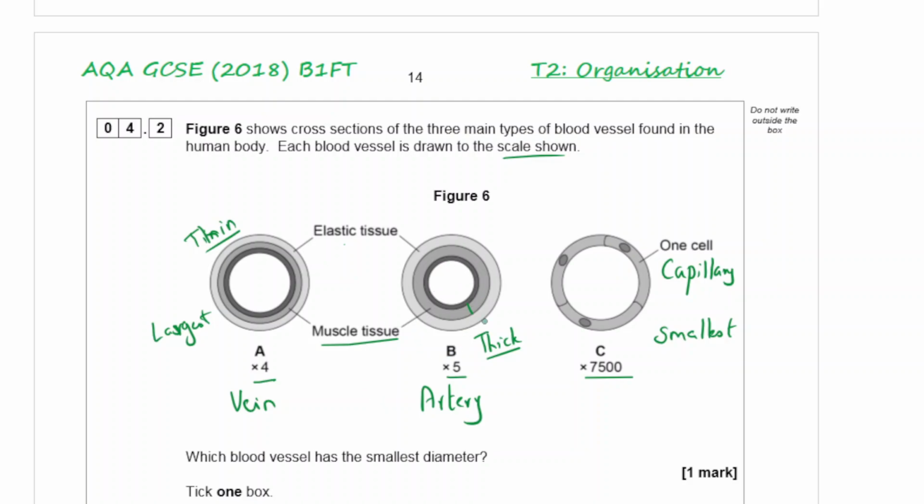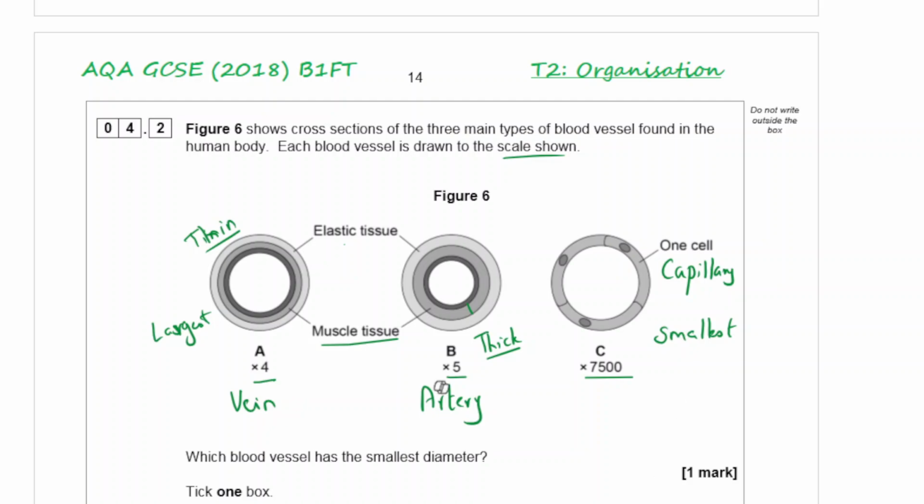Why? Blood goes through arteries at a high pressure, so you don't want it to burst, so you need strong walls. Whereas in the vein, blood is not under high pressure, it's just returning back to the heart, so blood is under low pressure.